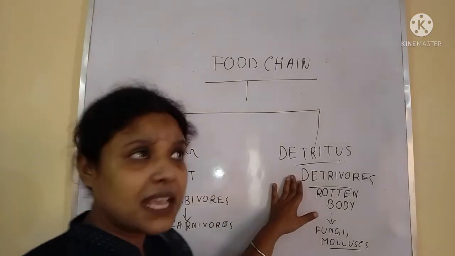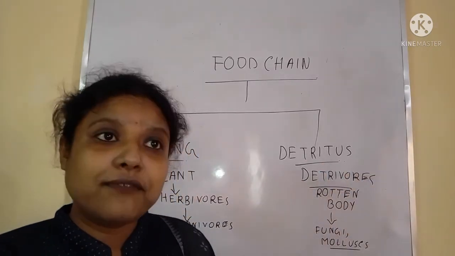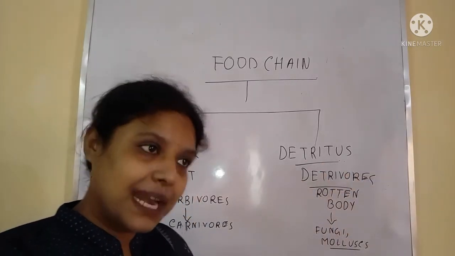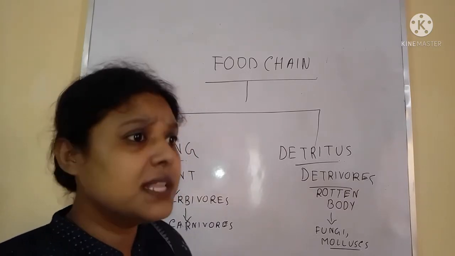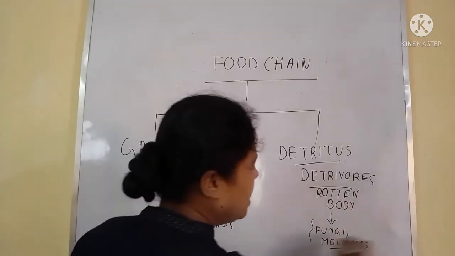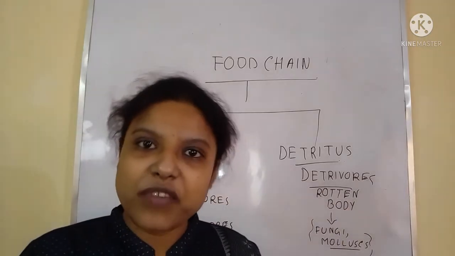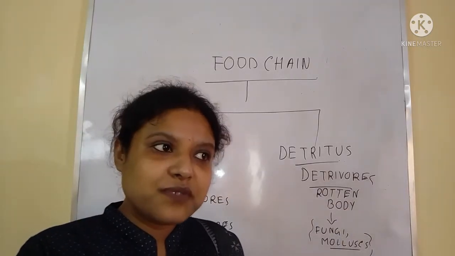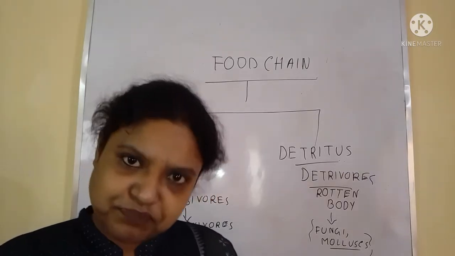And here, in case of detritus food chain, the rotten body, actually after death, the plant body and animal body, they are rotten by the decomposers, and these minerals are taken by the fungi, mollusks. That means these are the reservoir of energy where the dead bodies change into the minerals.